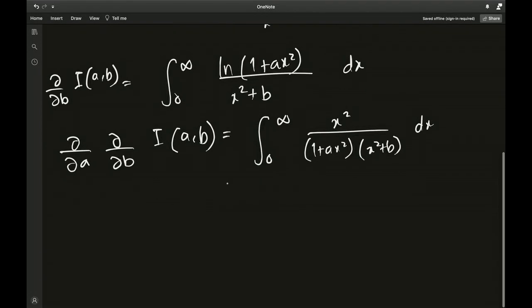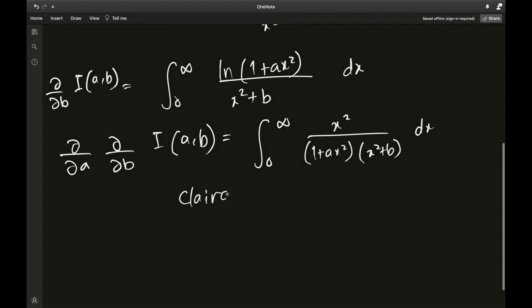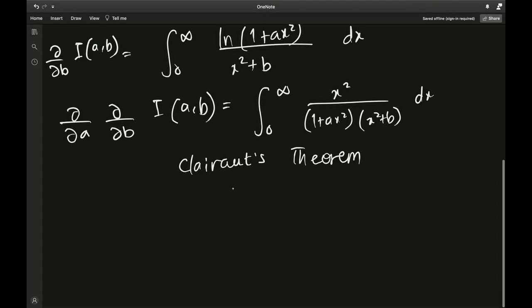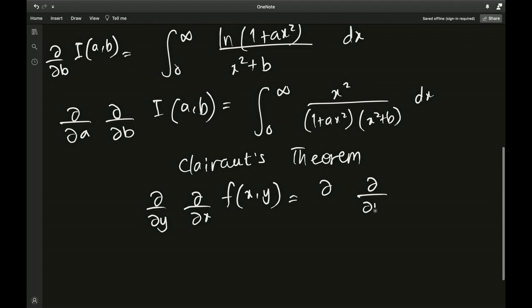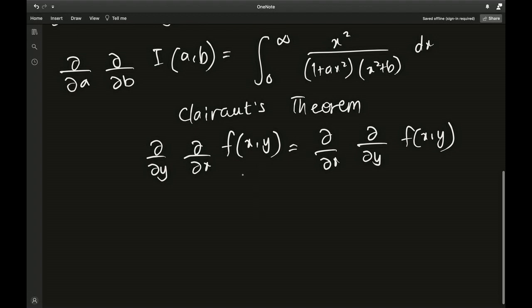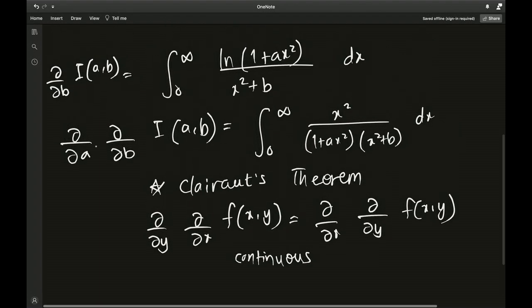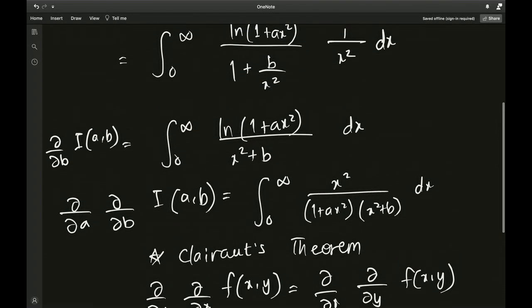We can use Clairaut's theorem in multivariable differentiation, which says that for a function of x and y, the partial derivative with respect to x first and then y is the same as y first and then x, given that the function is continuous. So I'm just using this theorem, and you can see if you differentiate first with respect to a, then with respect to b, you'll get the same thing.